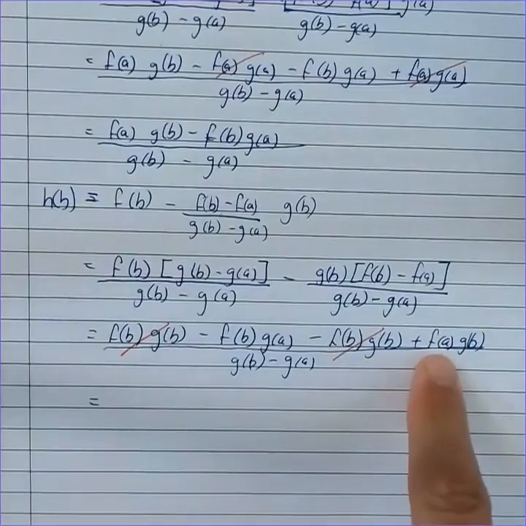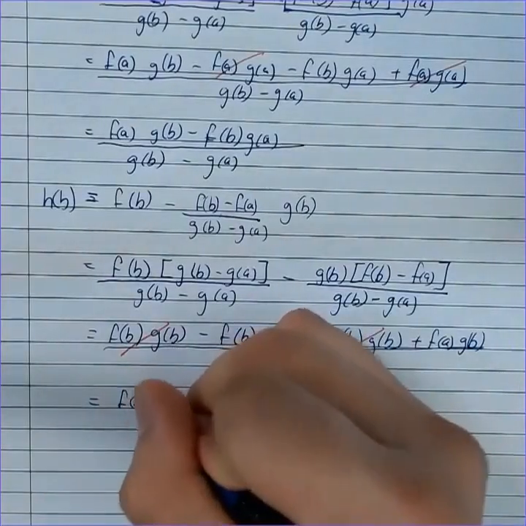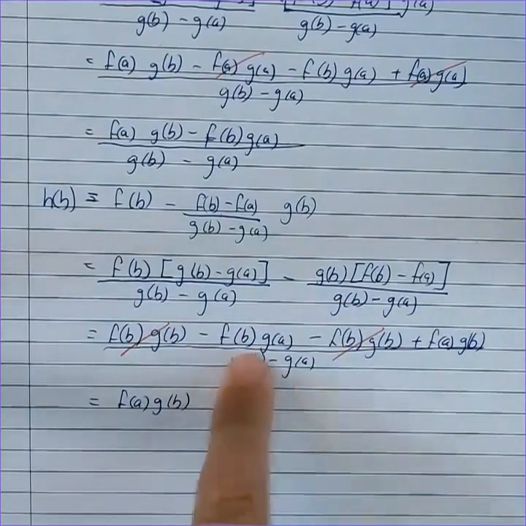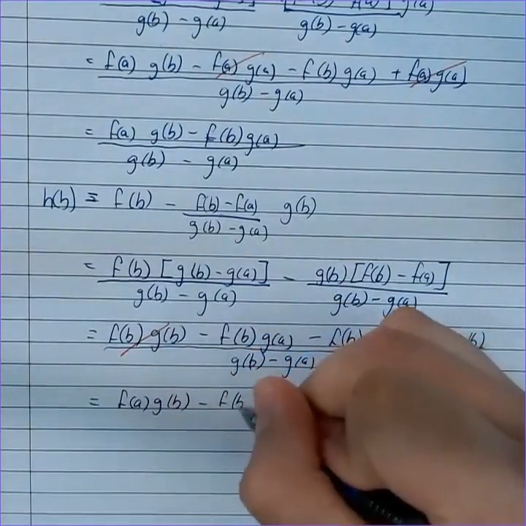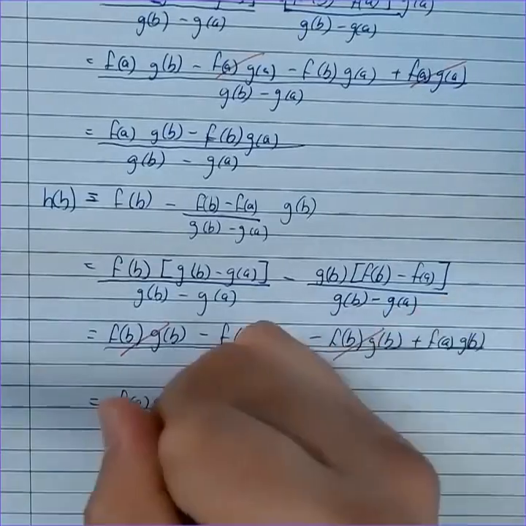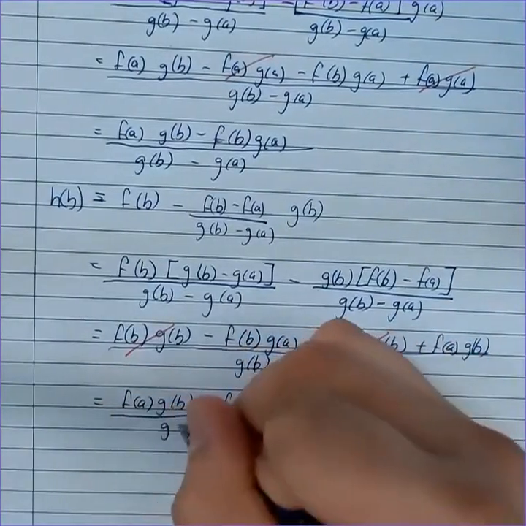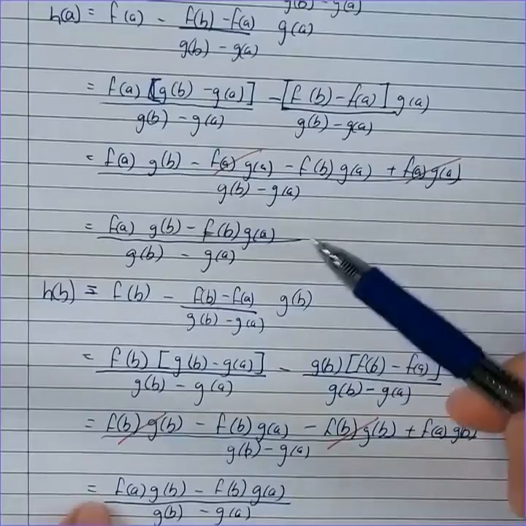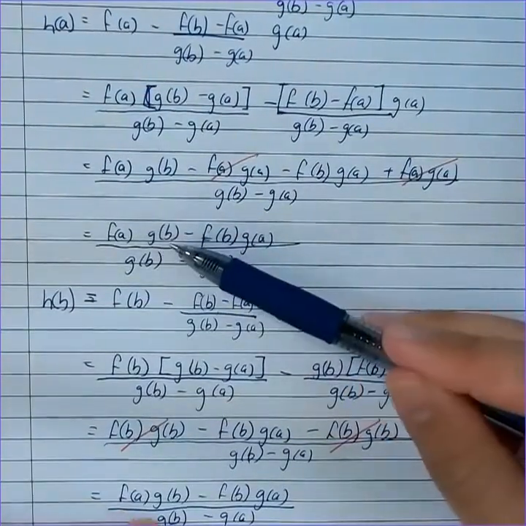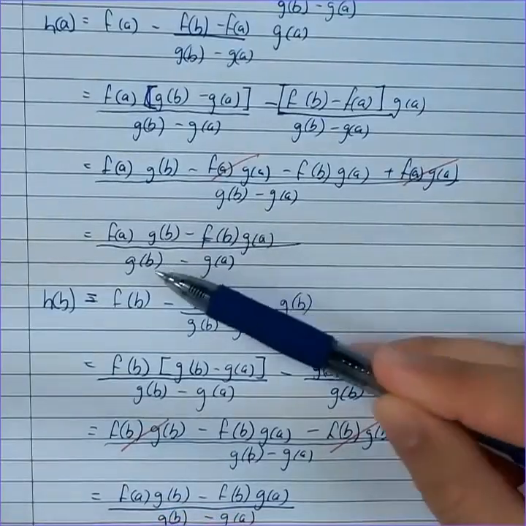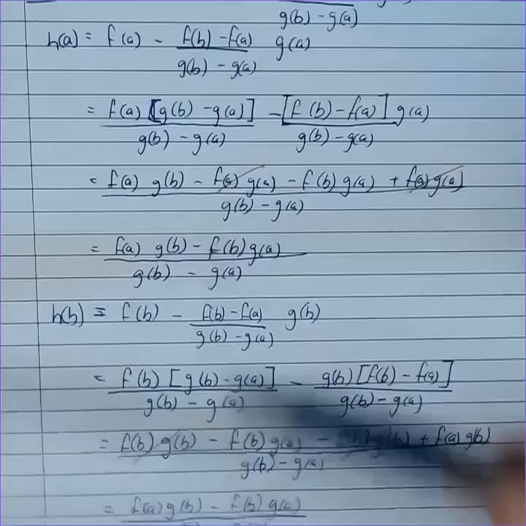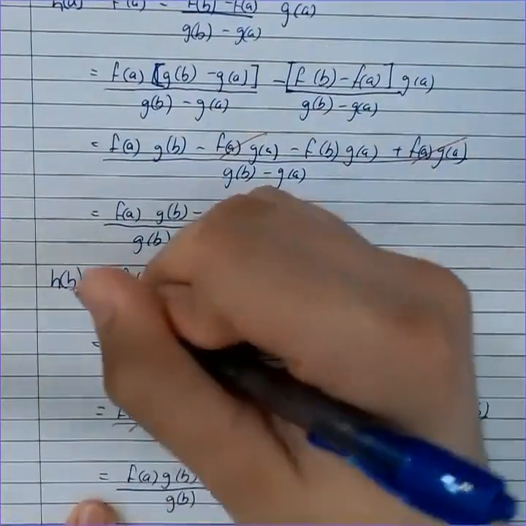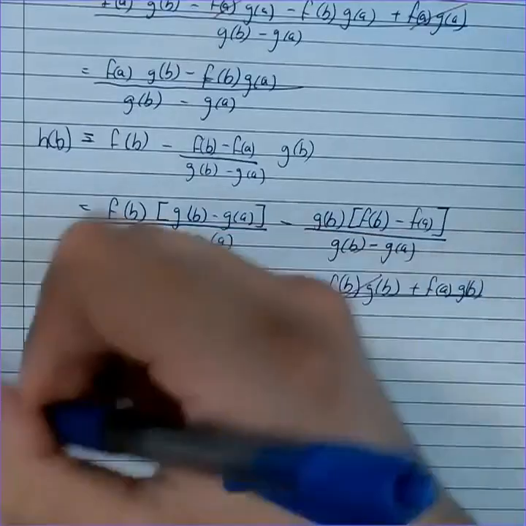So that's equal to F at A, G at B minus F at B, G at A over our common denominator, G at B minus G at A. And now, note that these are identical. F at A, G at B minus F at B, G at A over G at B minus G at A. These are identical. So that means that H at A is equal to H at B.